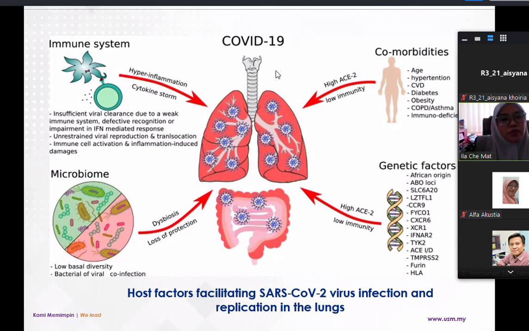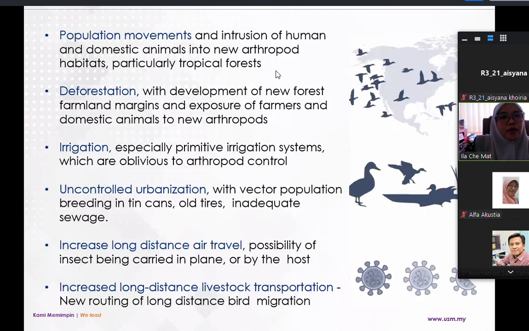And then microbiome, this one is co-infection. If you have infection with another virus or other bacteria, you take antibiotics, and then you might also get a co-infection with the virus, right? Okay, this one is ecological factor. This one involves the environment. If you look at the diagram, it shows a migration of birds. So usually, let's take influenza as an example.